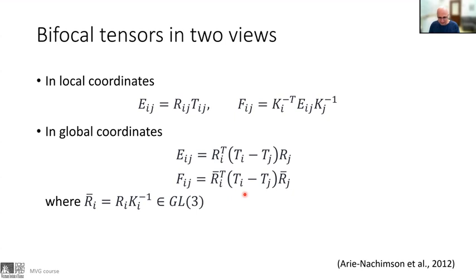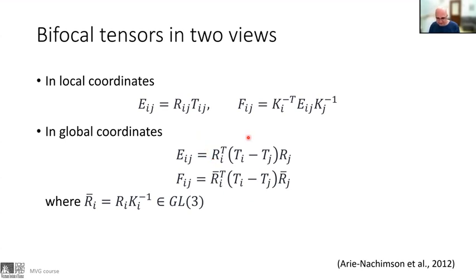You have n cameras, n images, n cameras. You apply rotation to all the cameras such that they will be parallel to each other. They will look in the same direction. If you do that, then the difference between the cameras is only translation. Is that clear? And it will be exactly the difference between the locations of the cameras.